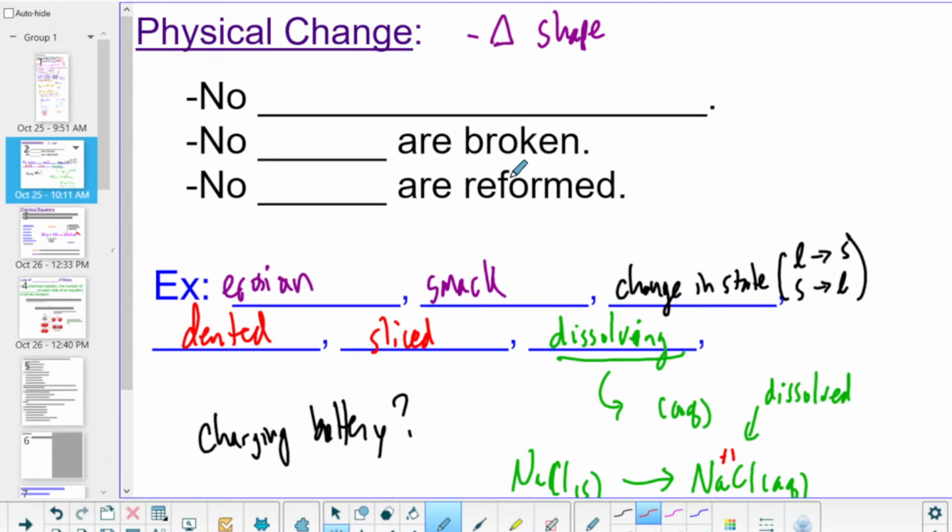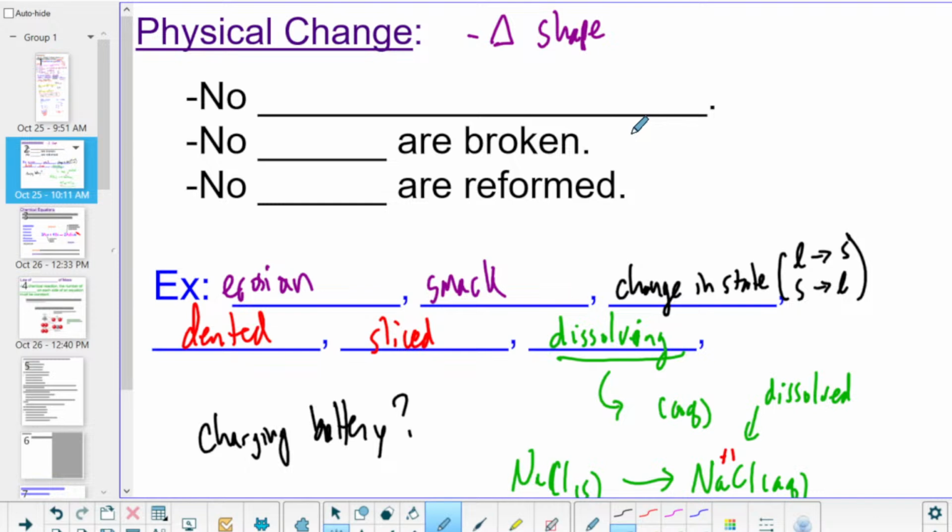What's not broken or reformed in a physical change? Same again. No atoms are broken or reformed in a chemical change. Or not broken in the way that we would think of an atom being broken. That's nuclear. There's no electrons. And what are electrons in? Between molecules?